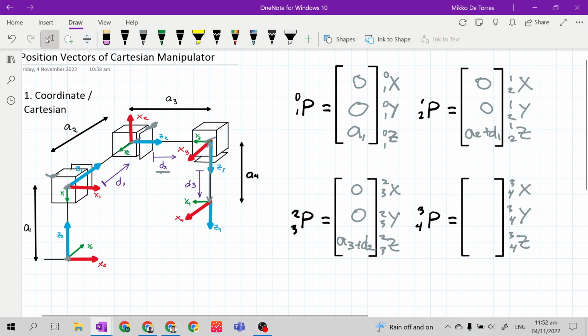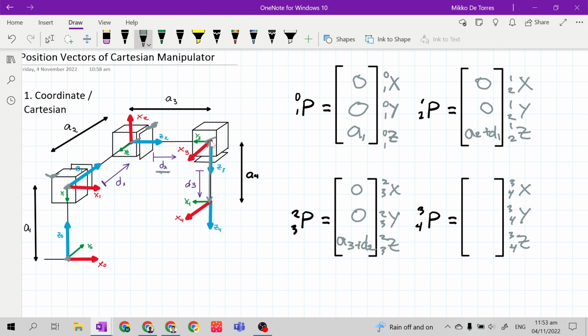But you can also call this P23, P34, P12, or P01: the position vector from frame 0 to frame 1, from frame 1 to frame 2, from frame 2 to frame 3, or from frame 3 to frame 4. So we are at the position vector of frame 4 relative or reference to frame 3, or P34.